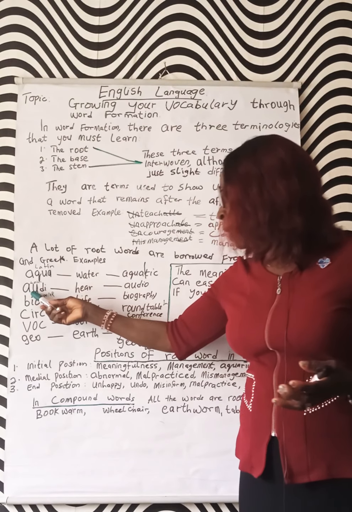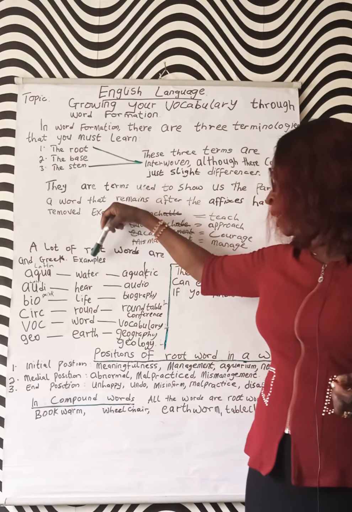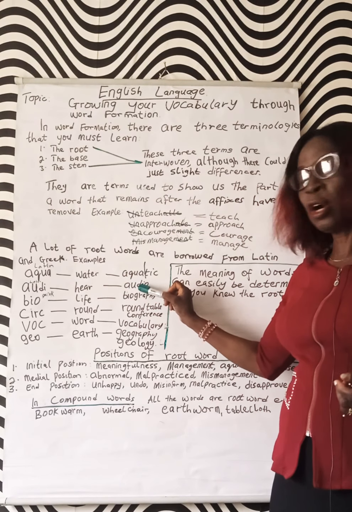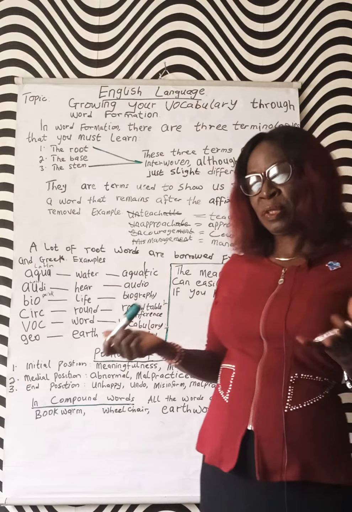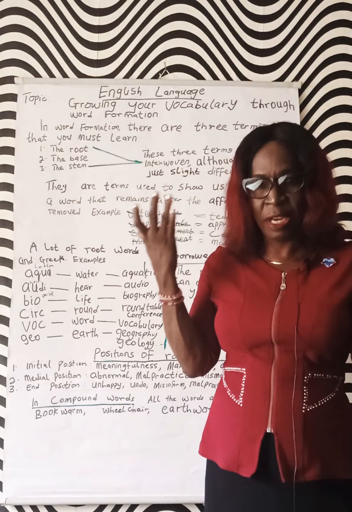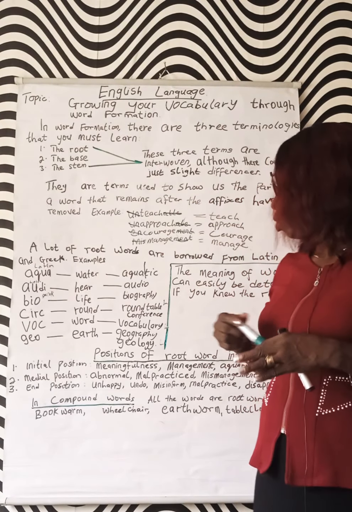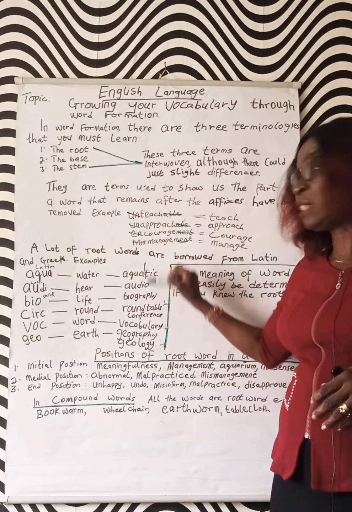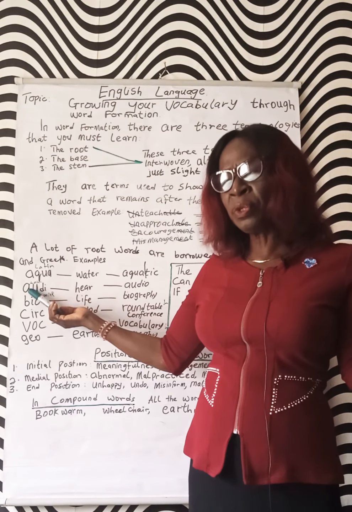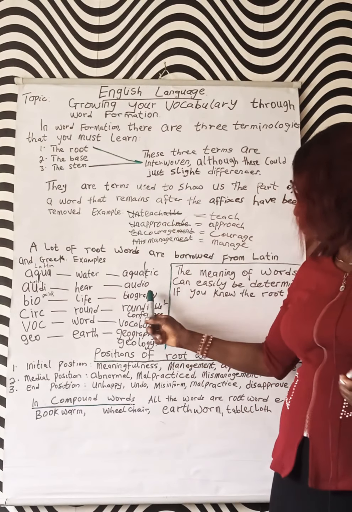Then when you talk about audi, it is a Latin word, and the English meaning of it is hear. So when you see audio CD, it tells you it just has to do with hearing alone, not seeing, not visual, but hearing alone. Because you are aware of the root word that is Latin, it enables you to know the meaning of the word audio.